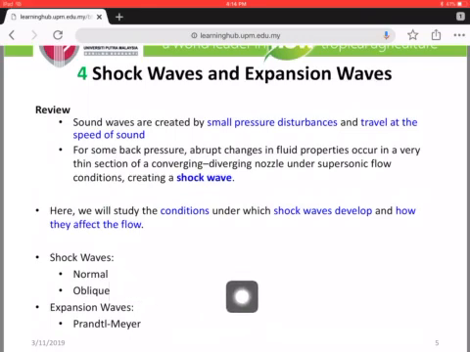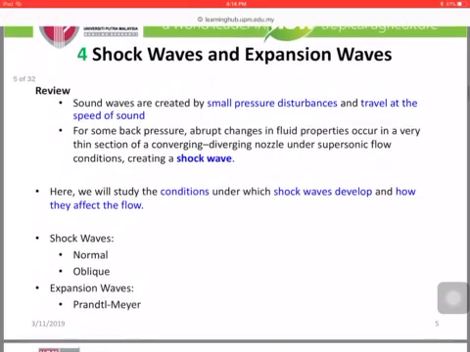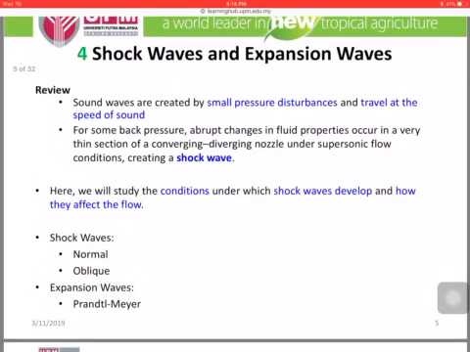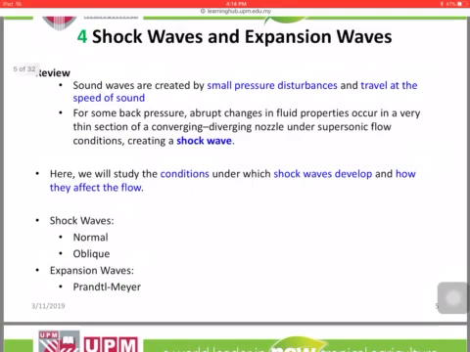Actually, there's another one which is bow-shaped shock wave, but that one we will not cover in this lecture. We will also learn about expansion waves according to the Prandtl-Meyer principle.